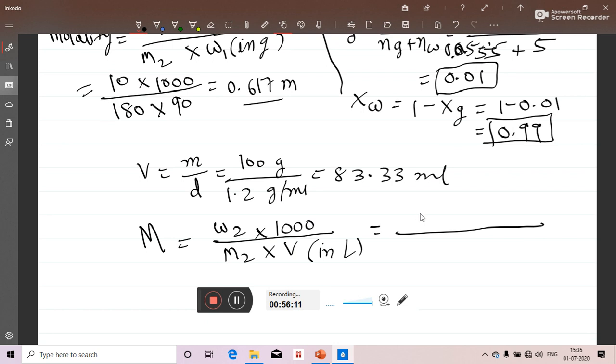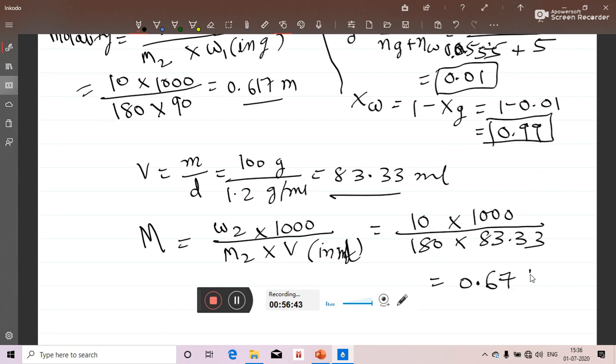So it is 10%, so 10 gram upon molar mass of glucose, which is 180, into 1000 upon volume of solution in ml, and that is 83.33. So when you solve this, our final answer will be 0.67 molar. So that is the answer of molarity, 0.67 molar. That's all for today.